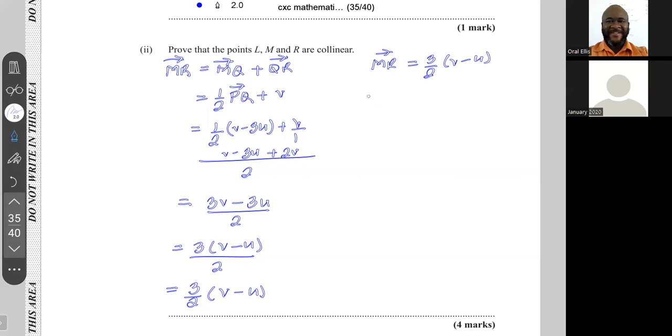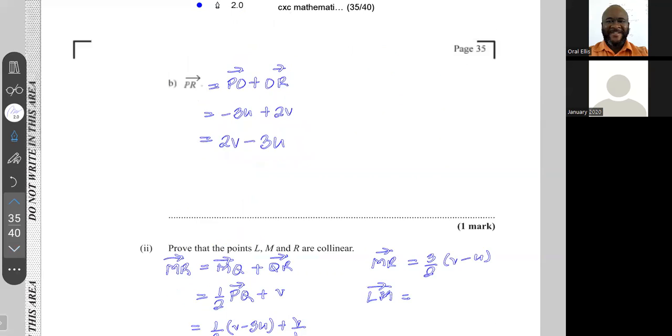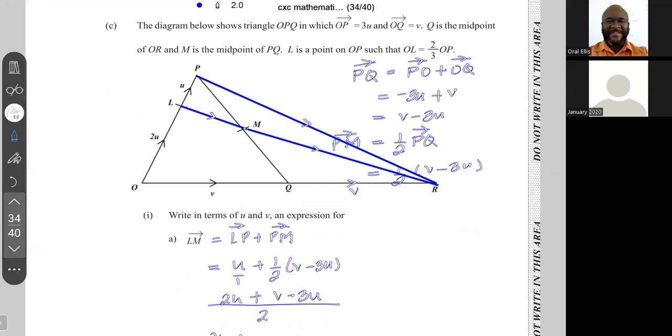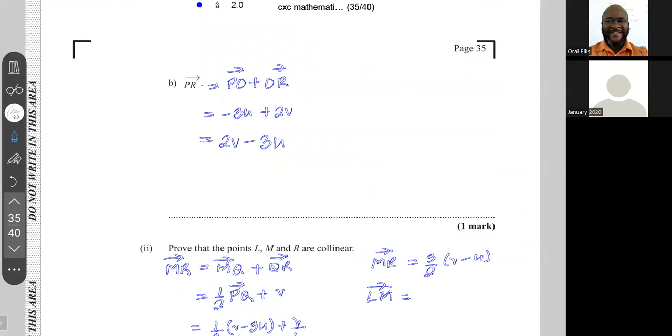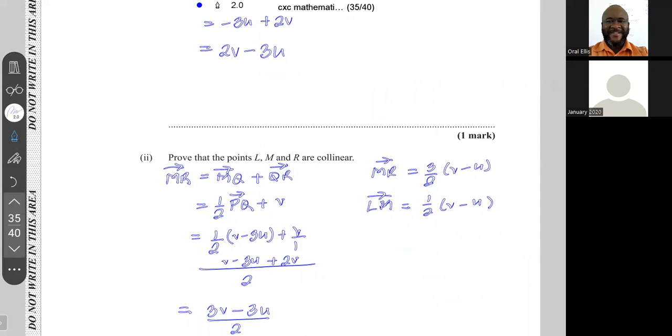All right, and I think LM was a half V minus U. So you notice that the letter parts are the same, V minus U. So that means that MR and LM have the same base vector. If they have the same base vector, they are parallel, and M is common.